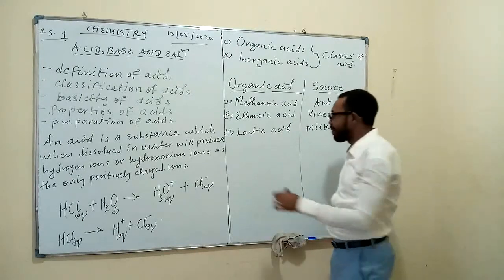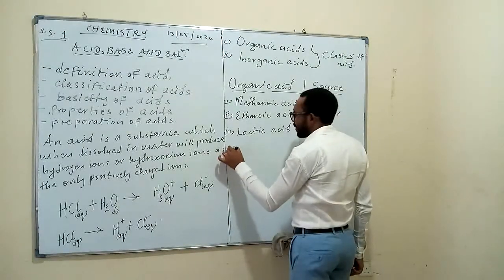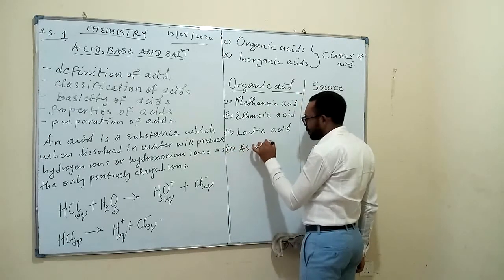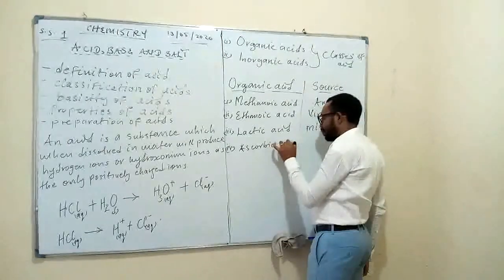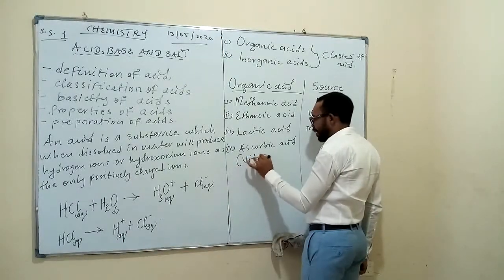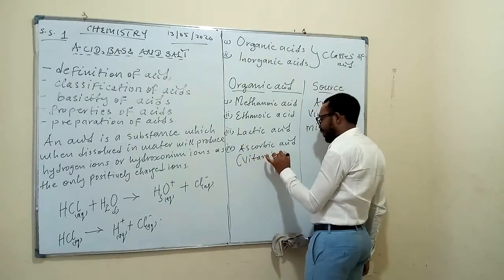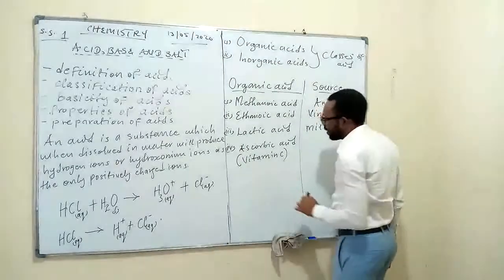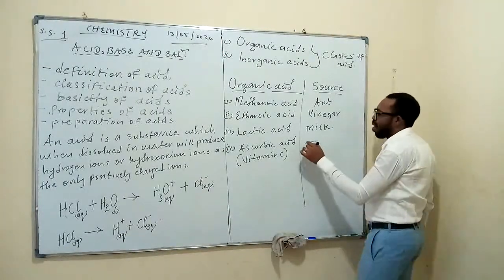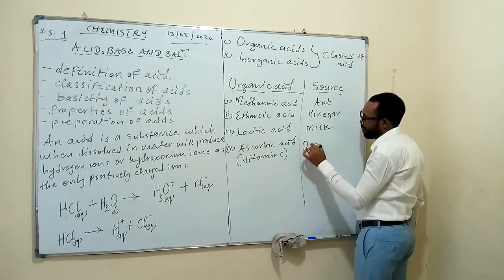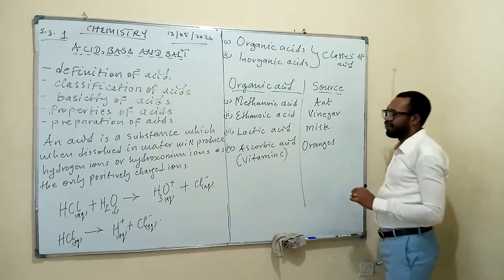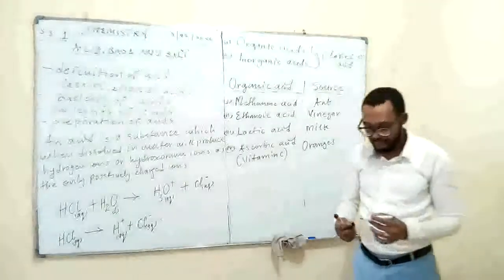And then we have ascorbic acid, right beside vitamin C. Those of you who like taking vitamin C a lot. Ascorbic acid is gotten from oranges, and so on and so forth.